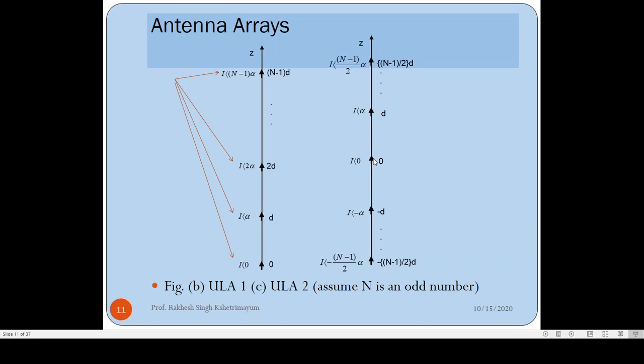Then I put N minus 1 by 2 in the positive z axis and N minus 1 by 2 in the negative z axis, and at the origin we have 1, a Hertz dipole.